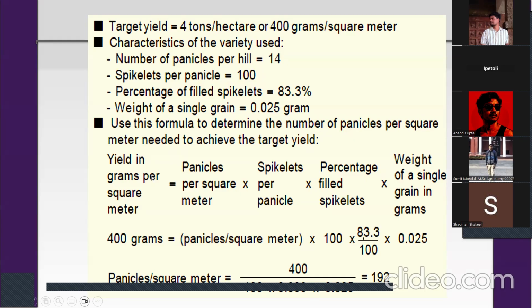So yield in grams per square meter is equal to panicles per square meter into spikelets per panicle into percentage filled spikelet into weight of a single grain in grams. So here you can put 400 gram is equal to panicles per square meter, because the number of panicles are given for one hill, which is 14.